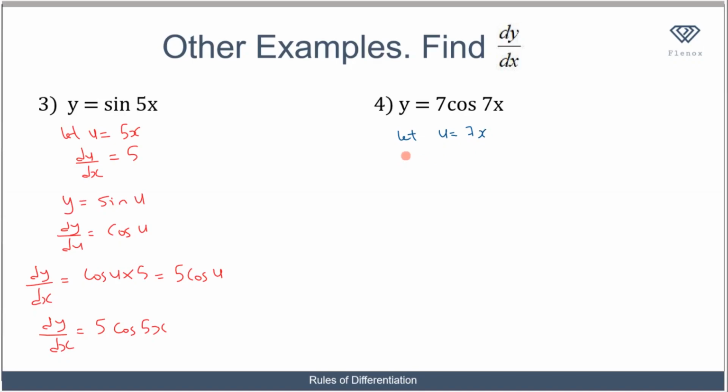So I have y equals to what? 7 cos u. So now I can find du over dx. When I differentiate 7x, I get 7. And when I differentiate y with respect to u, dy over du becomes, differentiation of cos u gives me minus sine u. That becomes minus 7 sine u.